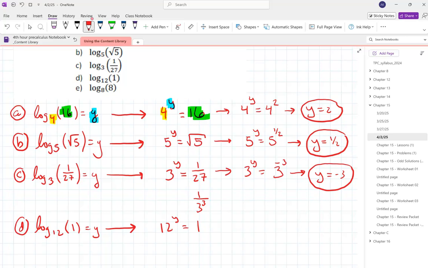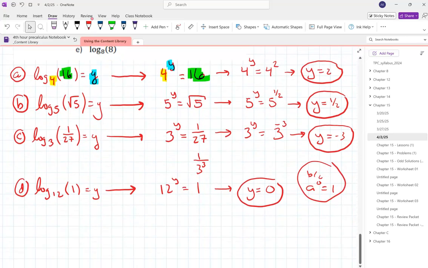Okay. Does anybody recognize what y has to be? What is it gotta be? 0, right? Anything other than 0 to the 0 power is just 1. Right, it's just a to the 0 is 1.